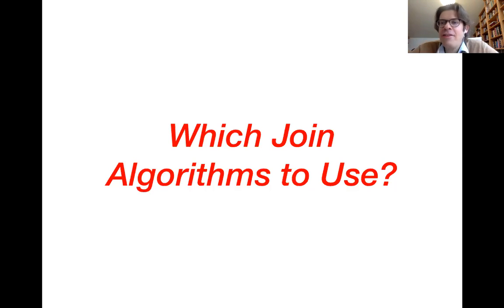And can anyone generalize from that? I mean, what are the general things that we want from our join algorithms in order to be suitable for online aggregation? Can anyone characterize the ideal join algorithm for this scenario?